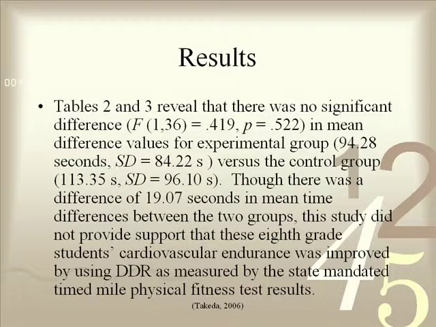And the mean difference values for the experimental group are provided, versus the control group. Though there was a difference of 19.07 seconds in the mean time differences between the two groups, this study did not provide support that these 8th grade students' cardiovascular endurance was improved by using DDR as measured by the state-mandated timed mile physical fitness test results.